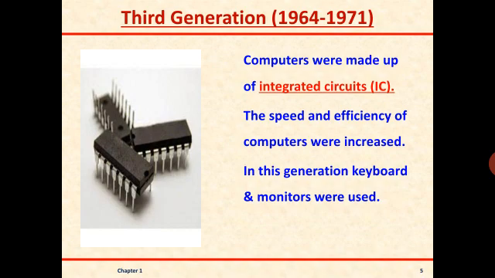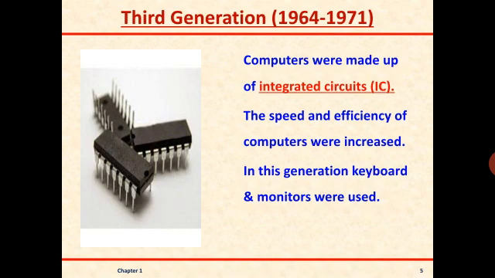Now comes the third generation of computers. This third generation comes in the period of 1964 to 1971. Here computers were made up of integrated circuits, in short, ICs.